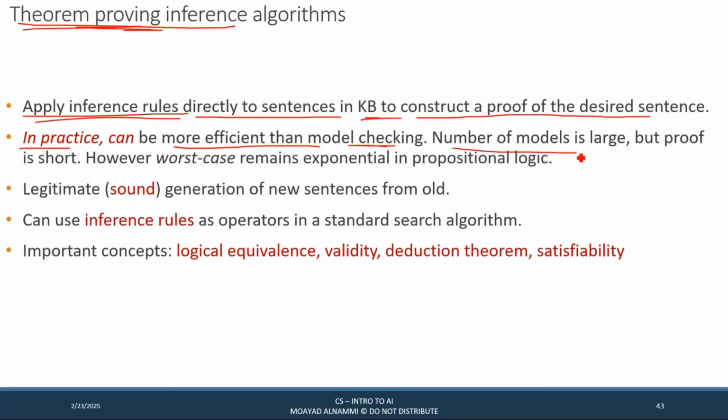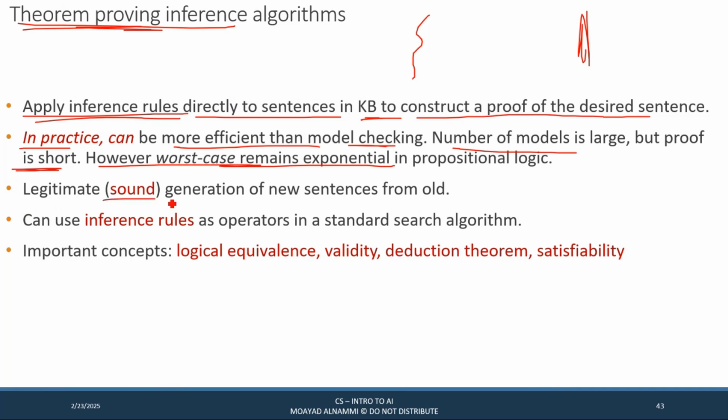The reason is that the number of models, meaning the number of rows or possible configurations you need to check, is going to be exponential. But the proof may be short in practice, meaning you just need to look at a couple of direct rules to prove this. However, the worst case remains exponential in propositional logic.